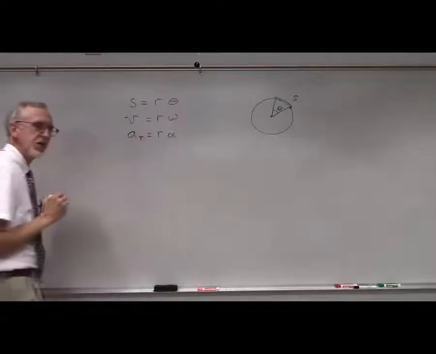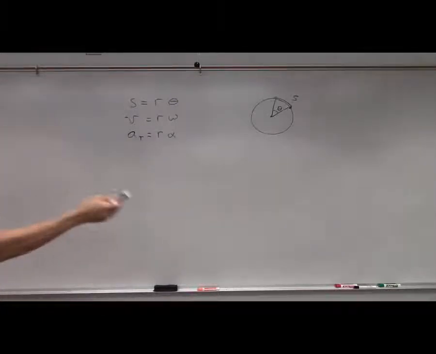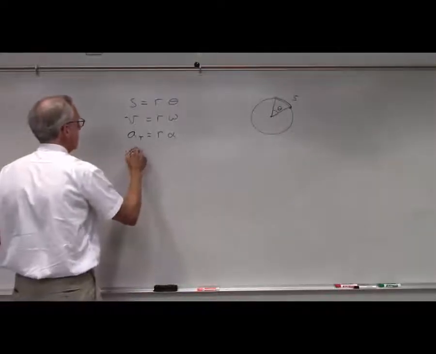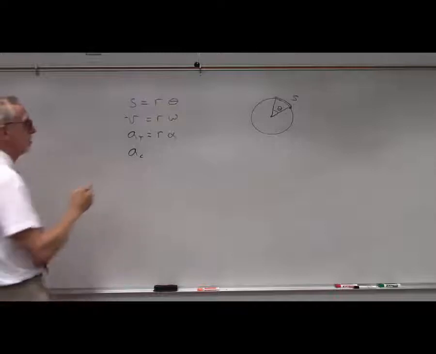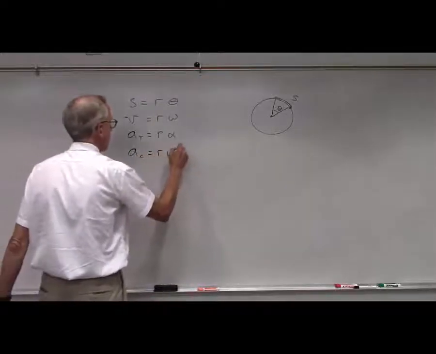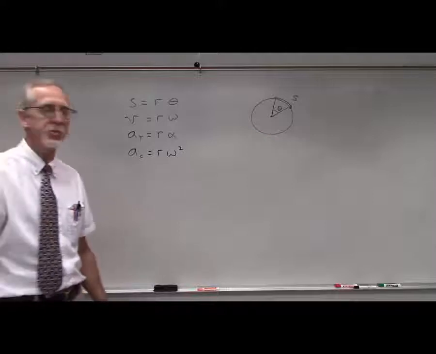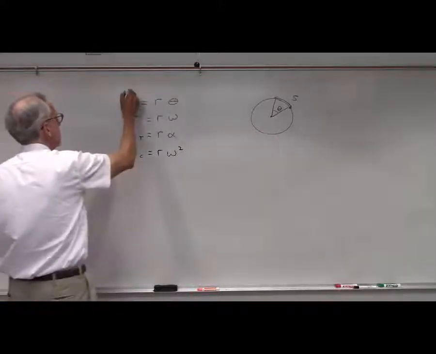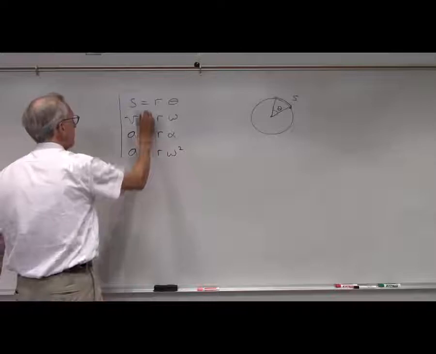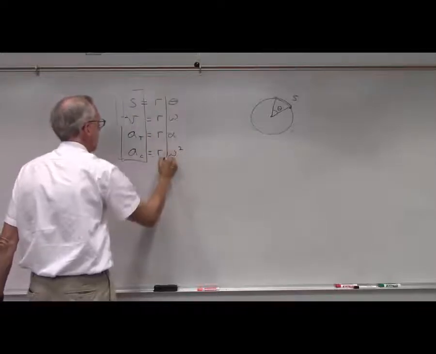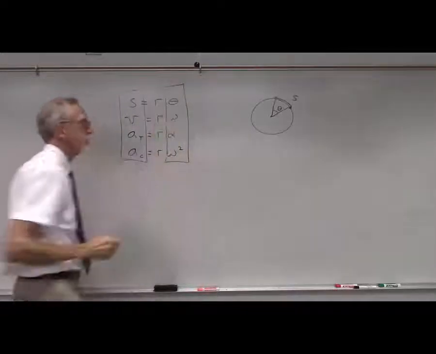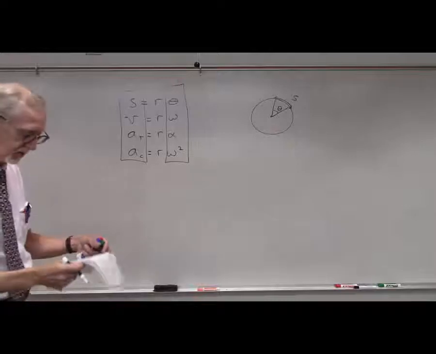This is the tangential acceleration of it going around, while at the same time we have a centripetal acceleration, which is r omega squared. So we've got some very, very simple relationships between the linear quantities for the motion and the angular quantities for the motion.